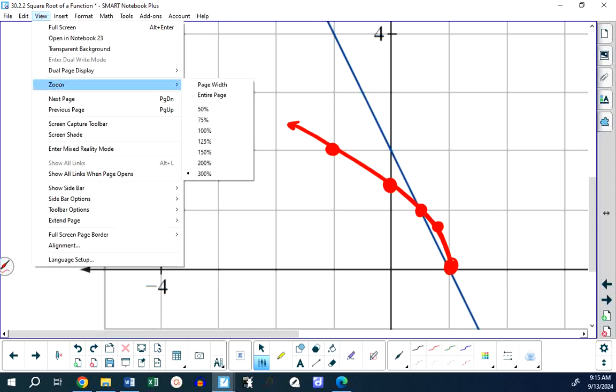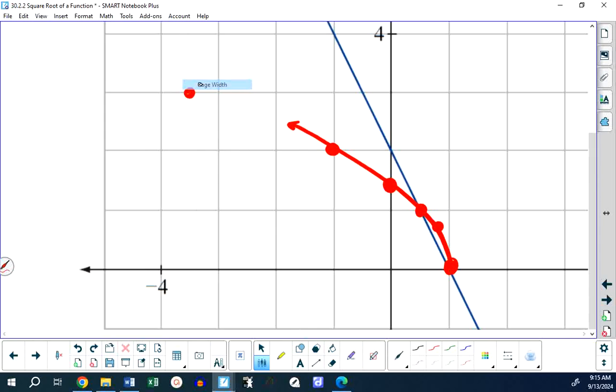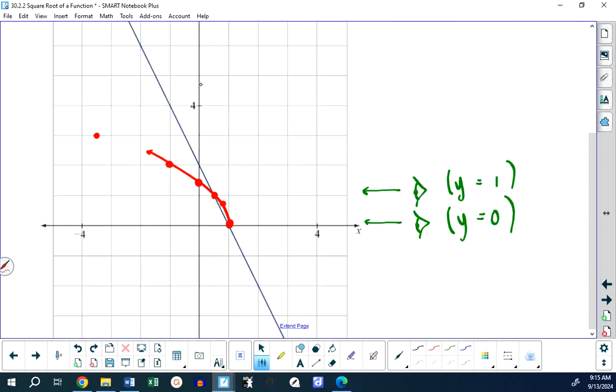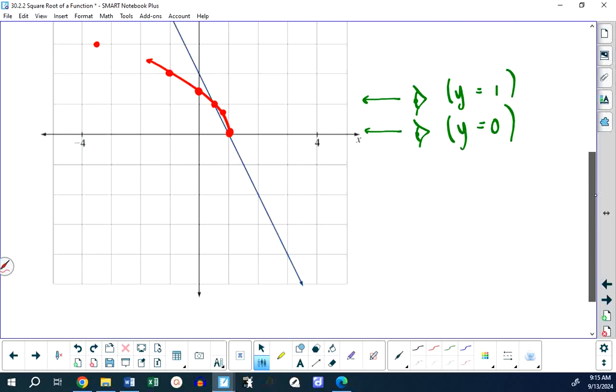And lastly, any place the original function is negative, the square root function does not exist.